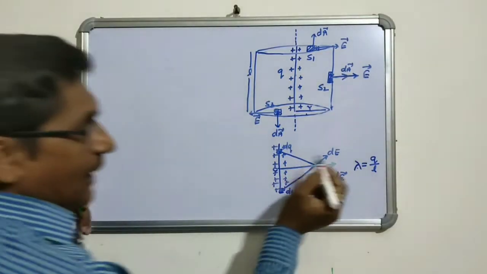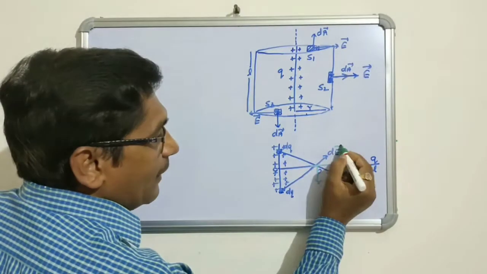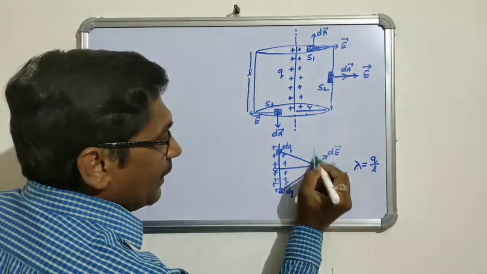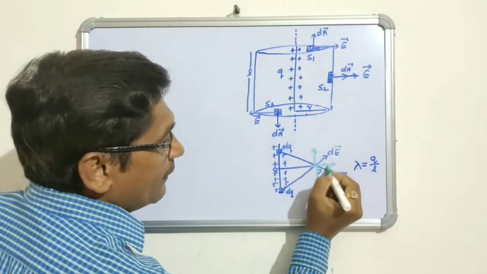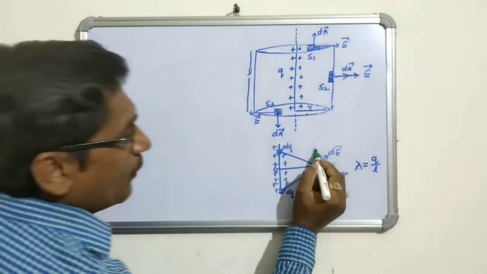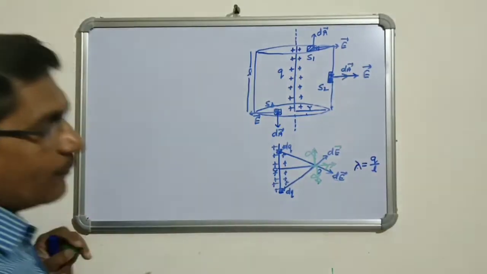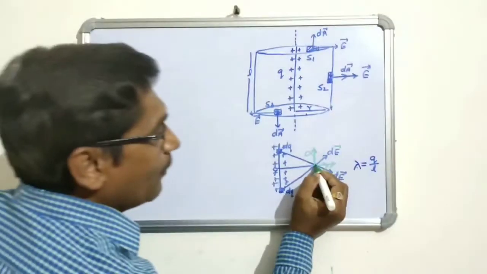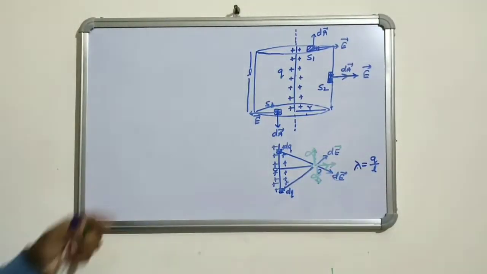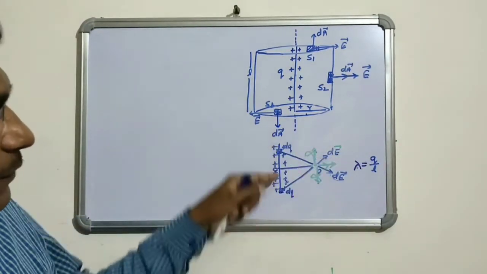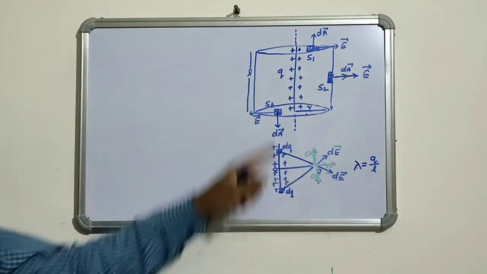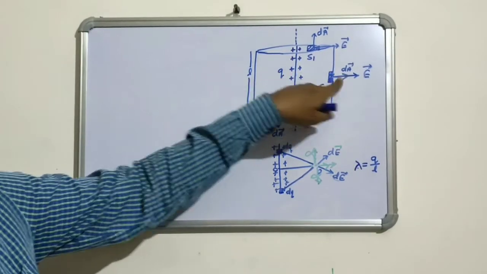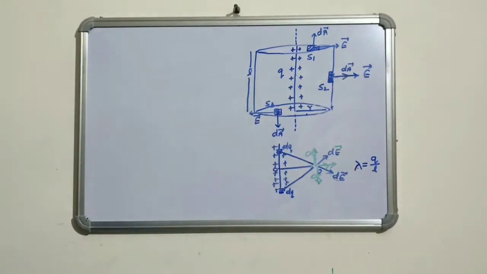Similarly the component of the other electric field, one component is in this direction and another is in this direction. These two components are equal and acting in opposite direction, that's why they cancel each other. Then the resultant electric field at point P is in this direction, perpendicular to the wire. That's why we can say electric field is always acting perpendicular to the wire.